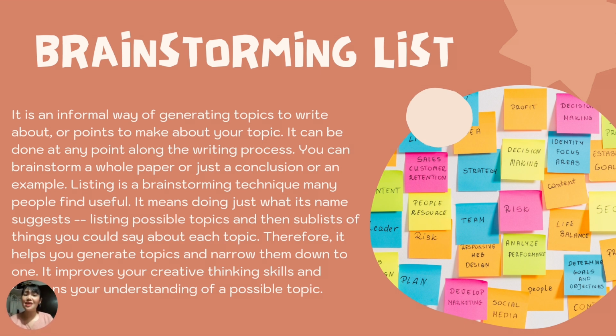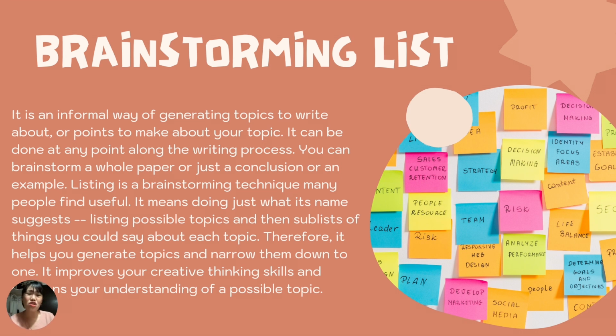A brainstorming list is an informal way of generating topics to write about or points to make about your topic. It can be done at any point along the writing process. You can brainstorm a whole paper or just a conclusion or an example. Listing is a brainstorming technique many people find useful.